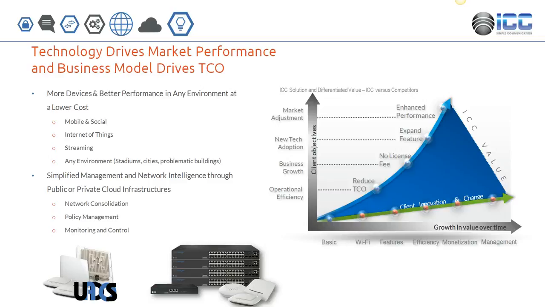The simplified management and network intelligence through public or private infrastructures ensure network consolidation and simplicity, policy management, and monitoring control. As a result, over a greater amount of time and as the client objectives change, you're able, as a provider, to increase the number of different services offered over the same physical ICC platform.